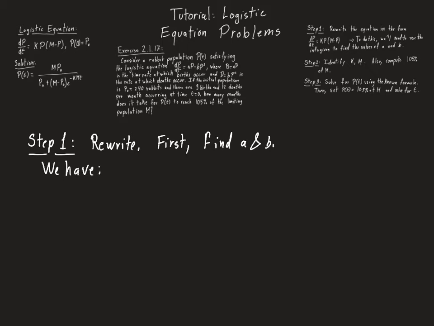We have that a times p is equal to capital B, the rate at which births occur. And we have that lowercase b times p squared is equal to capital D, the rate at which deaths occur. We also know that at time t equals 0, there are 9 births and 12 deaths per month. And we also know that at that time, our population is equal to p0 is equal to 240.